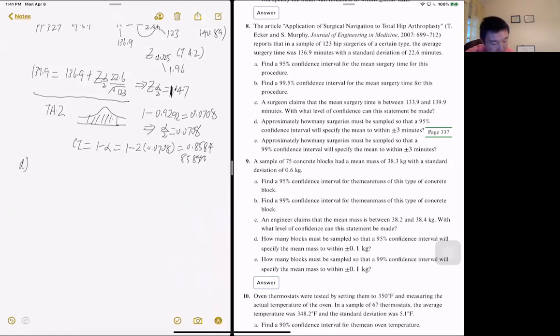For part D, this is a 95% confidence interval, so the z half alpha, which is 0.025, will be 1.96. So this is plus minus 3 minutes, which is equal to plus minus z half alpha 1.96 times s, 22.6.